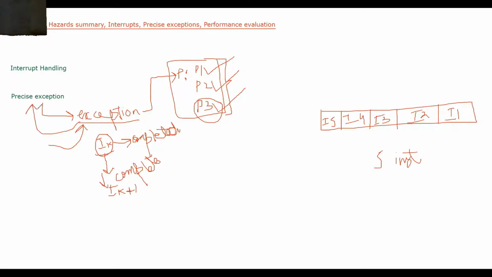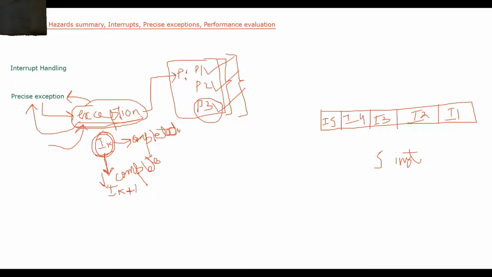So you can see a precise exception is a way to handle exceptions in our processor pipeline. What I am saying is, an exception is called a precise exception if, whenever the exception occurs, with IK being the last instruction that has been completed in my processor, no instruction after IK completes before the instructions of this exception handler.